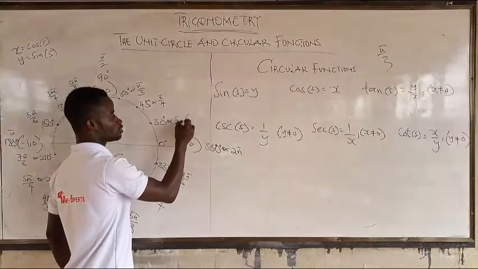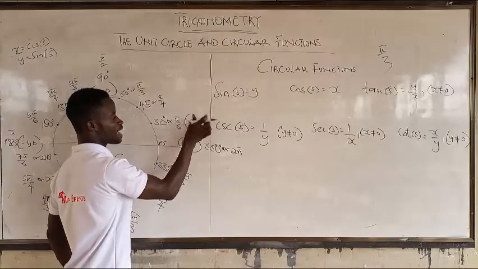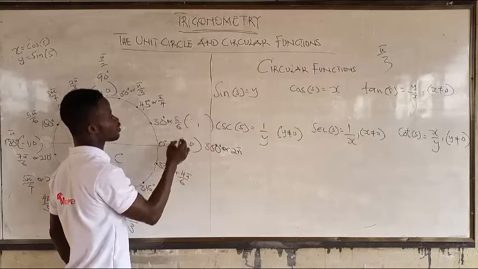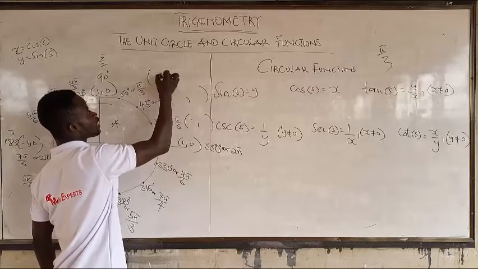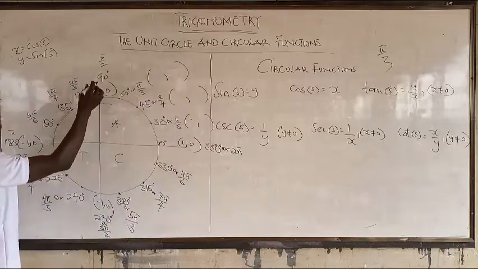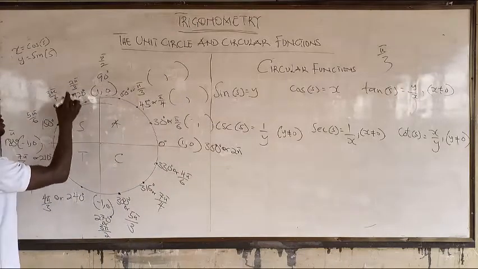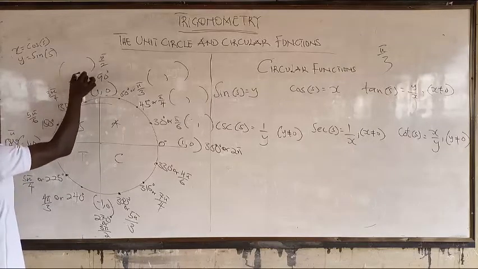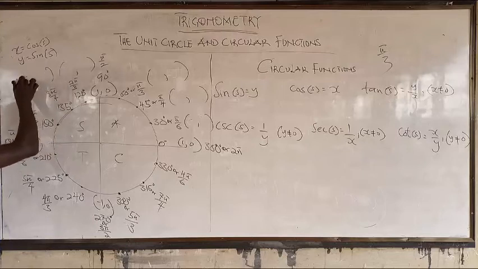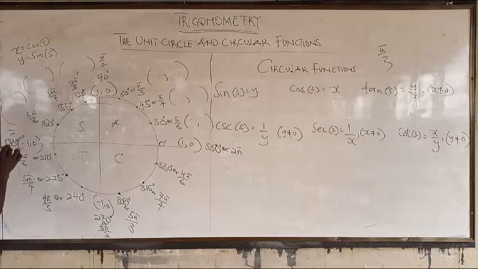So we are going to look for the x and the y here. Then we look for the x and the y here. We have this already to be 130. We look for that here.